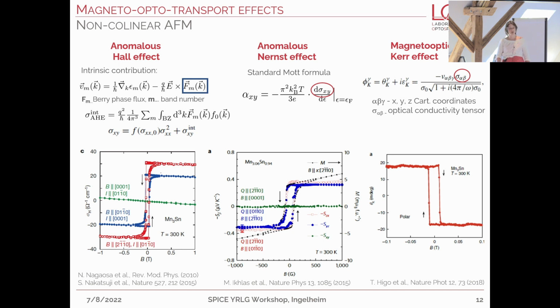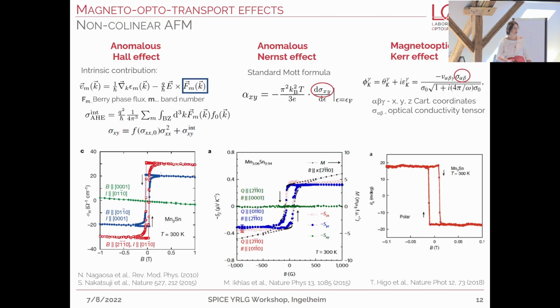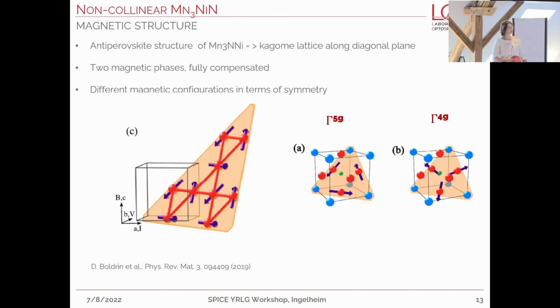And as you can see again in the example of manganese-three tin, the MOKE has indeed been observed. But all these three experiments were done on bulk manganese-three tin. So what if we go to different systems and to thin films? This leads me to what I want to show you: even though everything has basically been measured and proved, there is still new physics and new things to be found in these materials, particularly with respect to the domain structures.